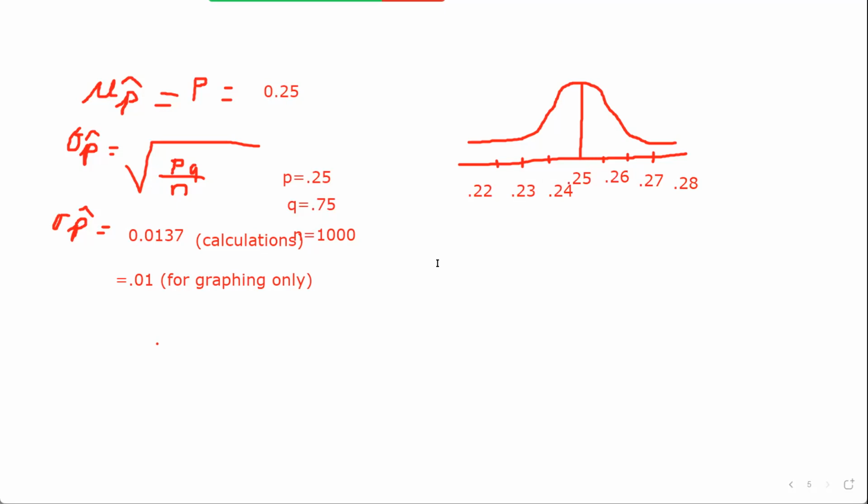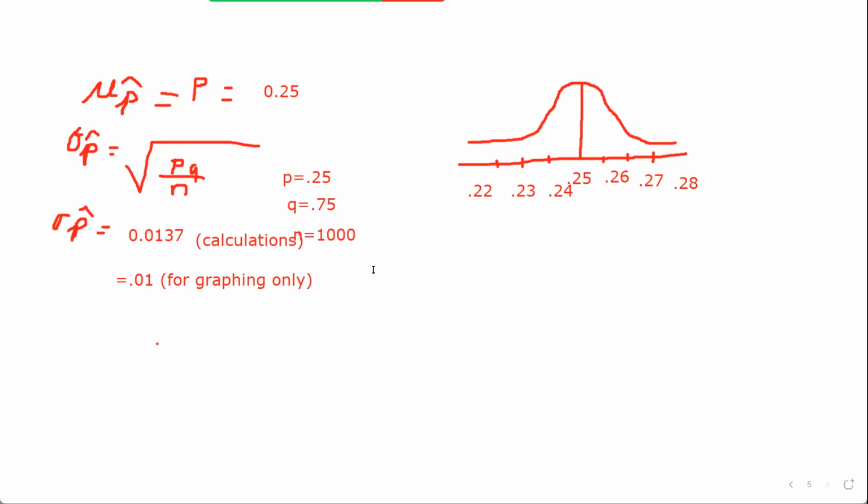Now yours will be a little neater than mine because I kind of ran out of room. That's your distribution. That's part B. You're done.